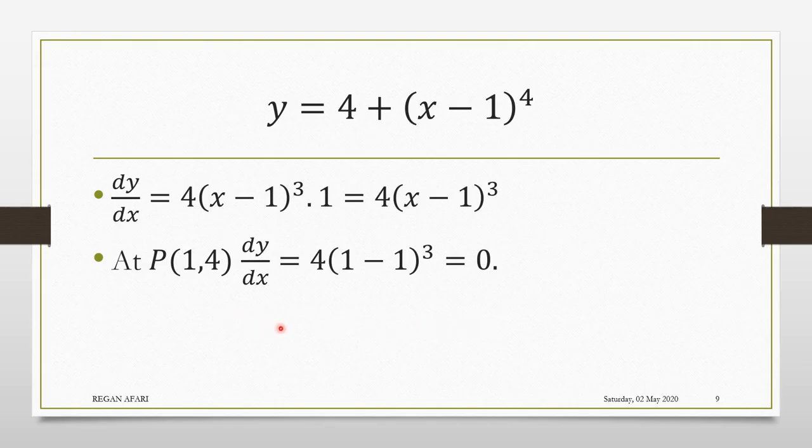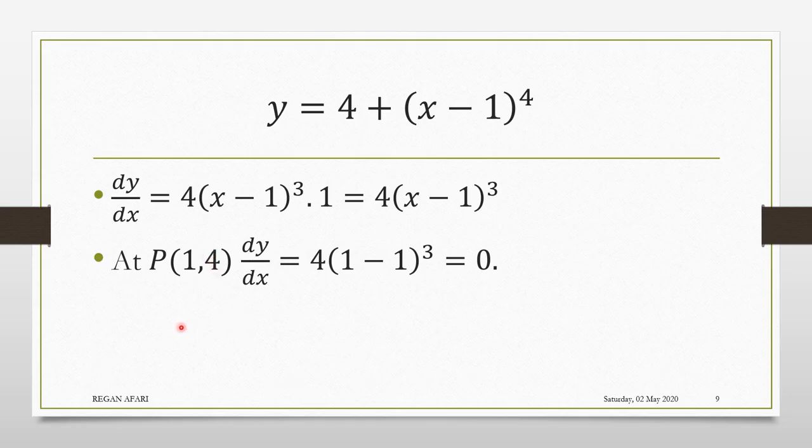Now if the gradient is 0, that is, we have a horizontal case, then the normal must meet it at what? At a right angle, right? So it is horizontal like this, and then the normal, which is vertical, will meet it at the x value, because the y value is the 4, right?